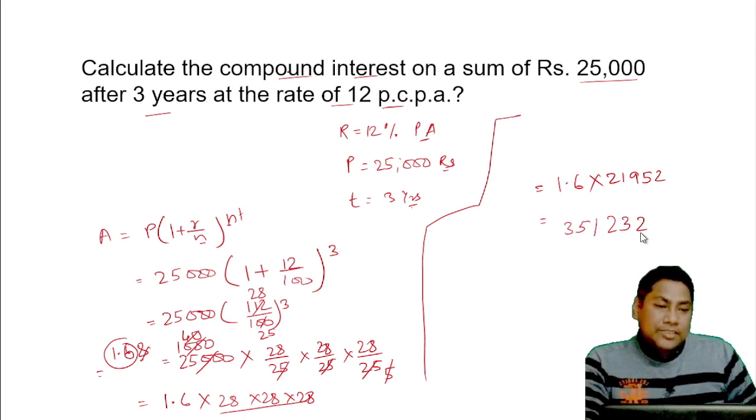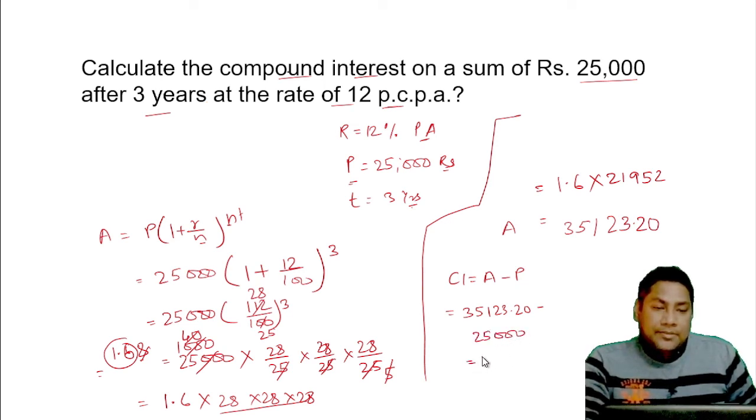So friends, we'll put the decimal here. Now this is the amount, and we know the principal. So friends, the CI is amount minus principal, so it will be 35,123.20 minus 25,000. It will be 10,123.20.